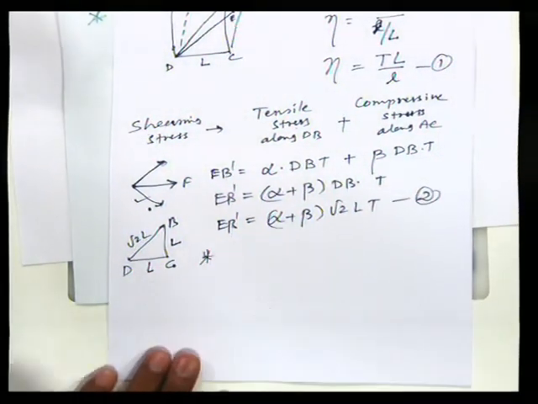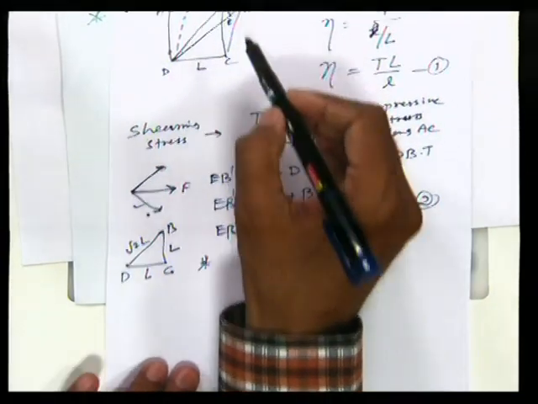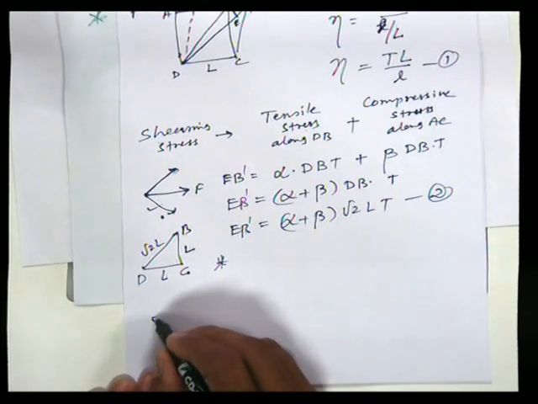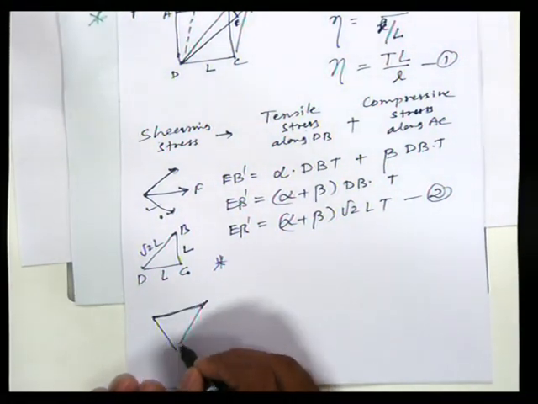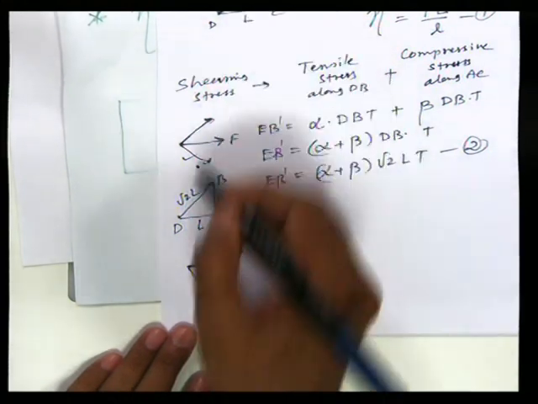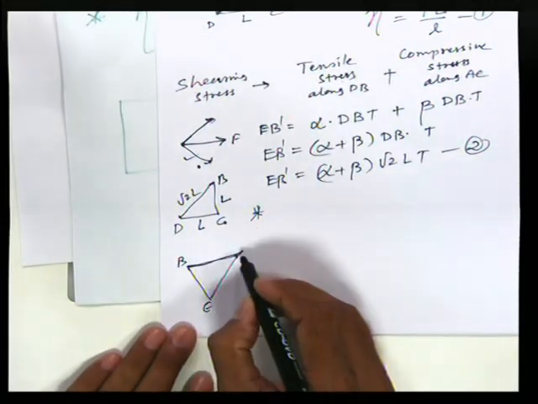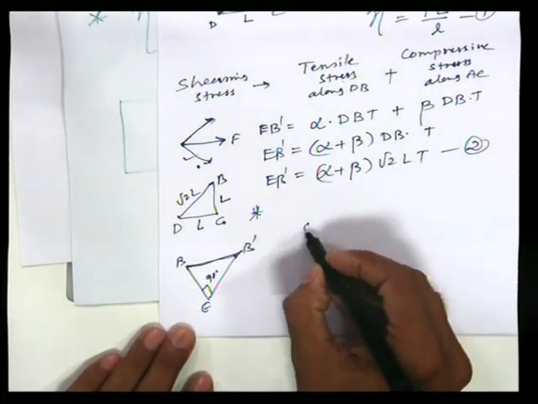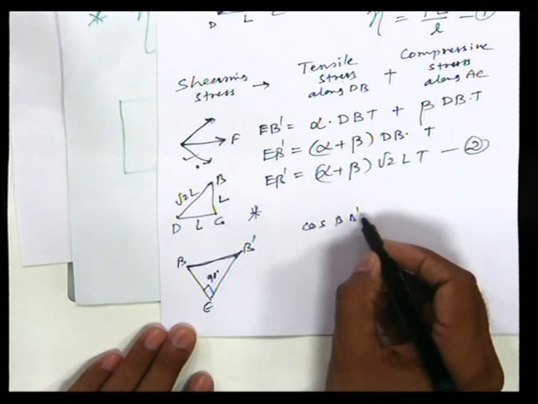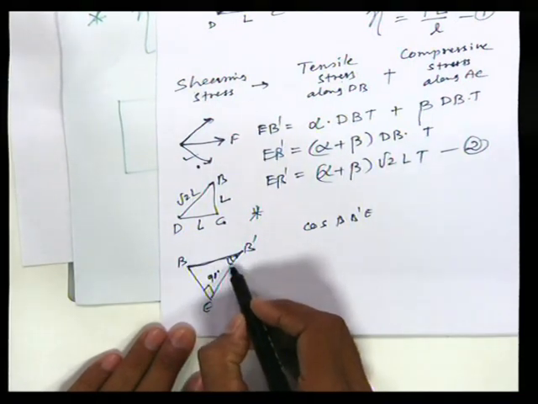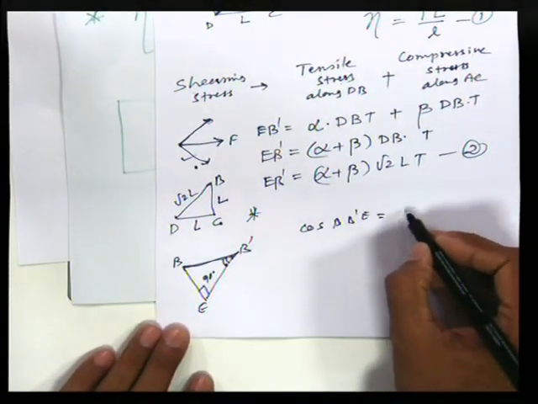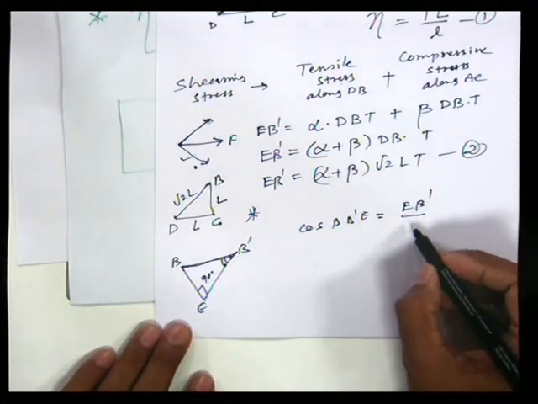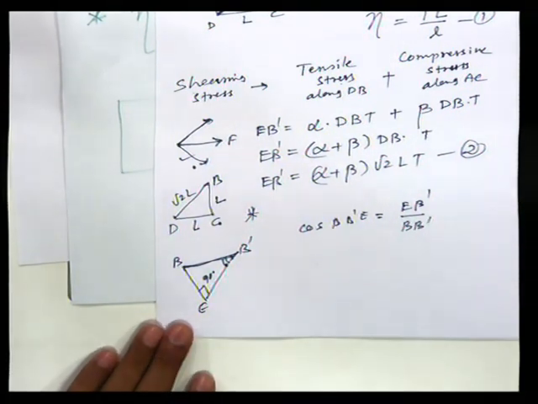Now the same thing can be obtained using this geometry. Say this triangle B E B dash, this is perpendicular, therefore this is 90 degree. So cosine of angle B B dash E equals EB dash divided by BB dash.